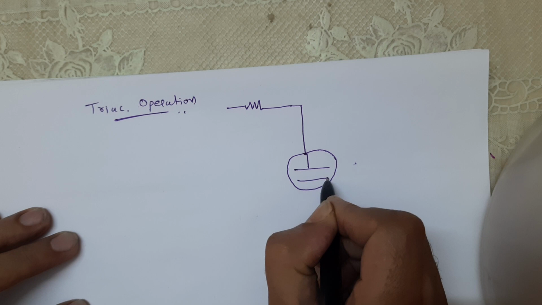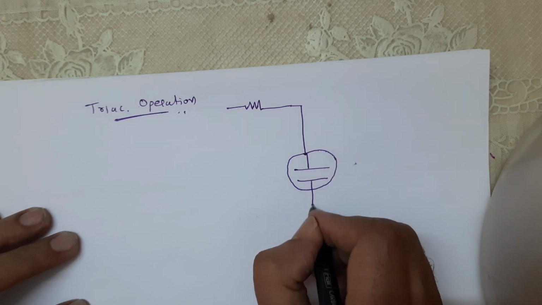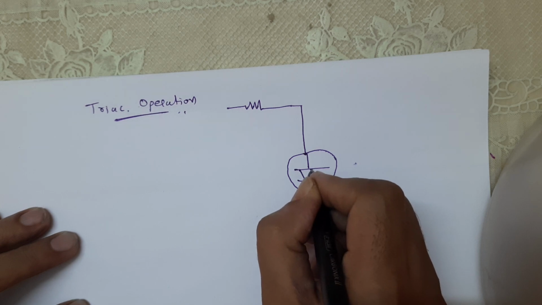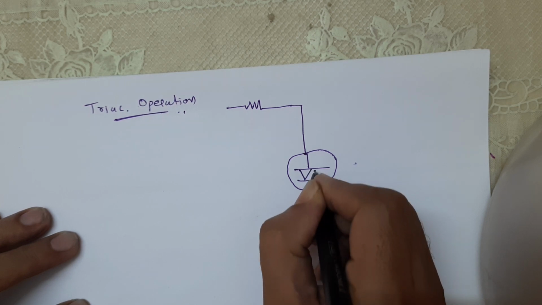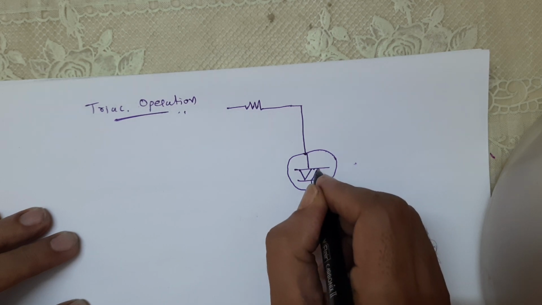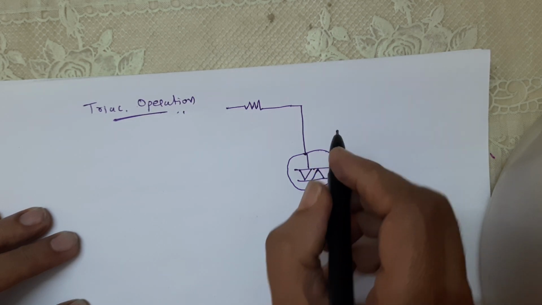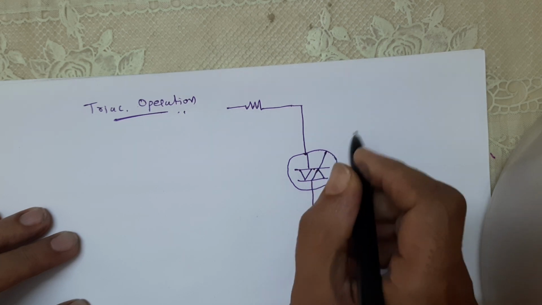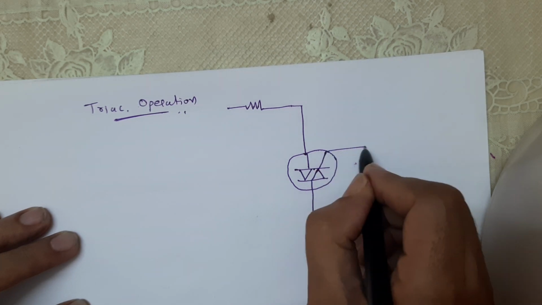Those are two parallel plates, the symbol of the diode. This is the gate. Again the load.